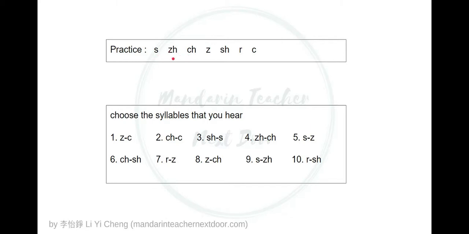Okay, next one you say. Zhi, zhi. Okay, move on. Next one you say. CH, you say. Chi, chi. Okay, next one. Z, you say. Z, z.